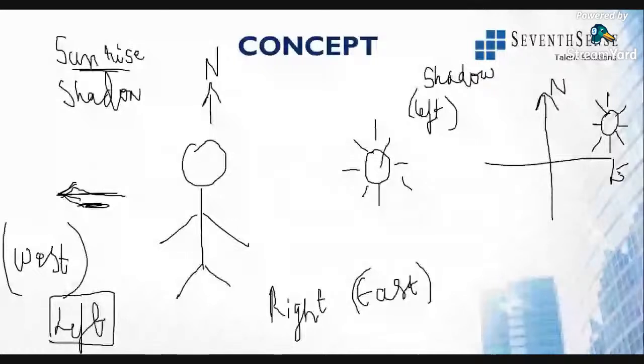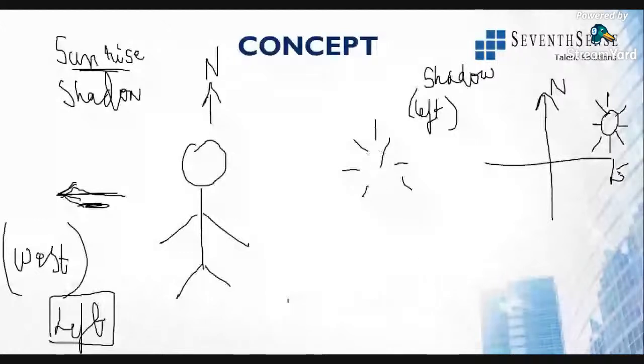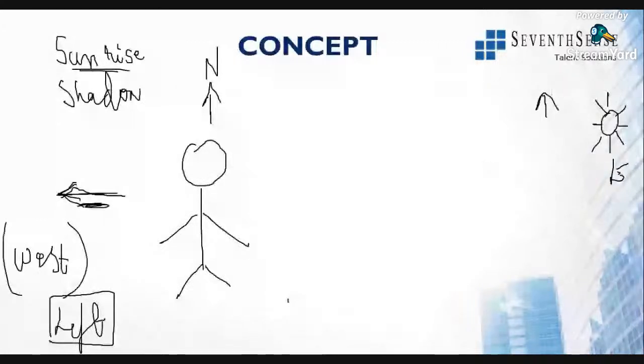All right. Now, if you're looking at south direction, I'll just erase this here. If you're looking at south direction, the first concept we all know is that the shadow falls towards the west, that is to your left.